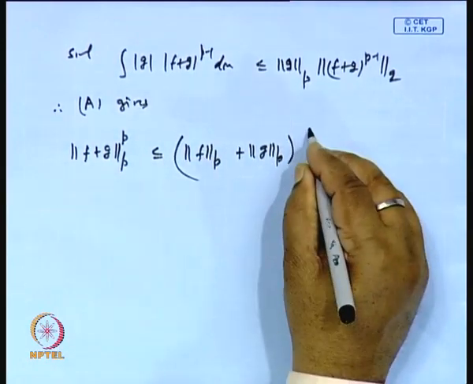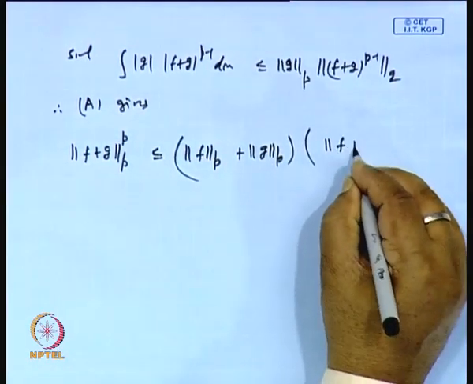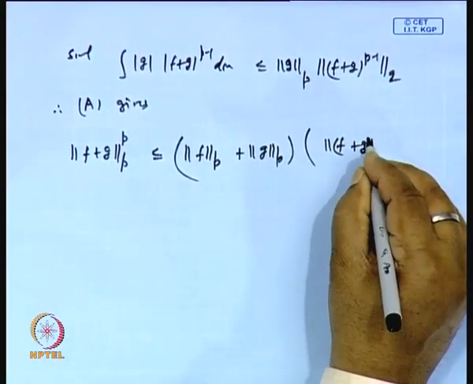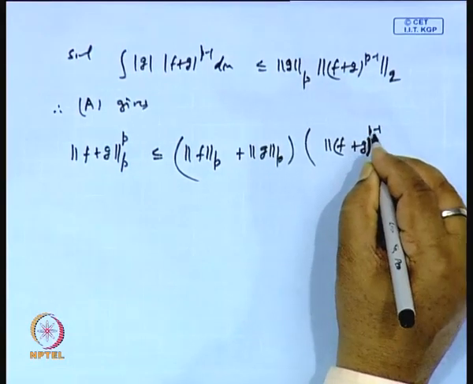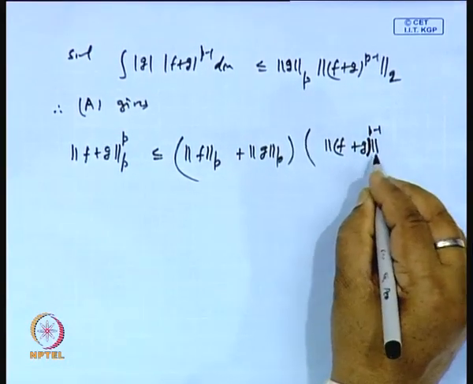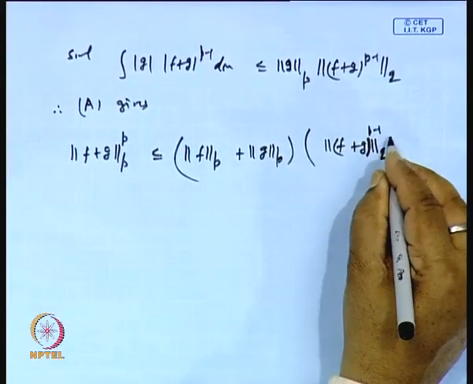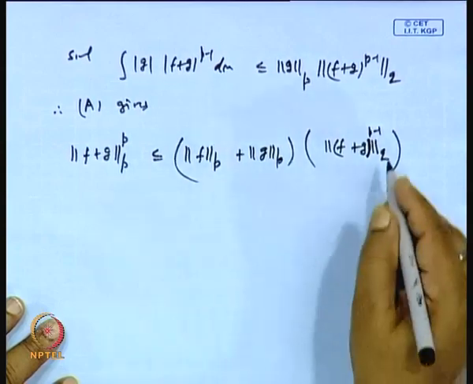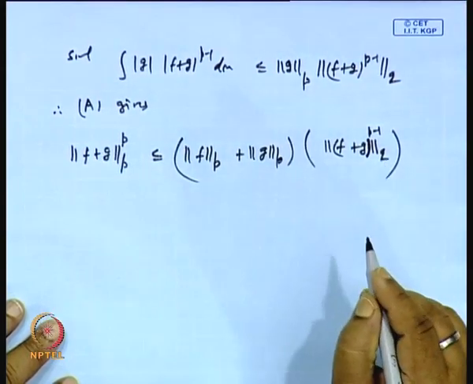and within the bracket we get, outside, the norm of f plus g to the power p minus 1 in L^q, is it okay?